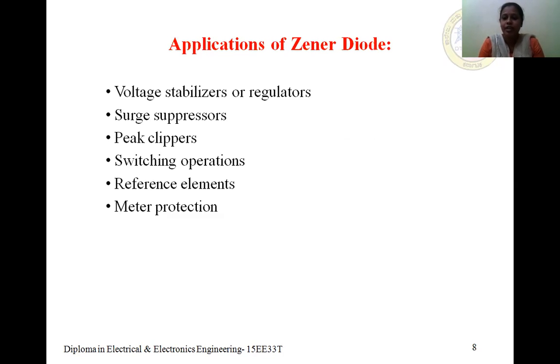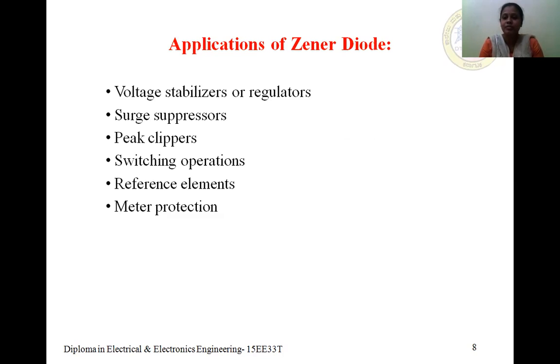Next, coming to the applications of the Zener diode. Normally, the Zener diode is used as a stabilizer or regulator, for example in TVs or refrigerators for maintaining a constant voltage. Next, it can be used as a surge suppressor.